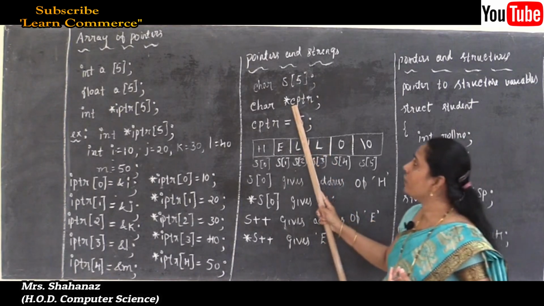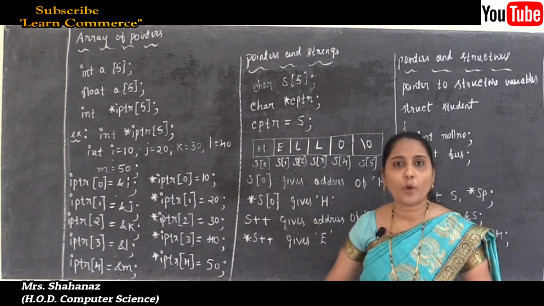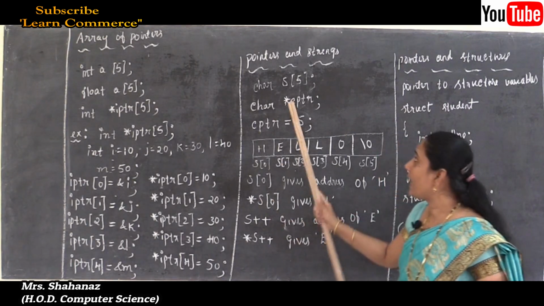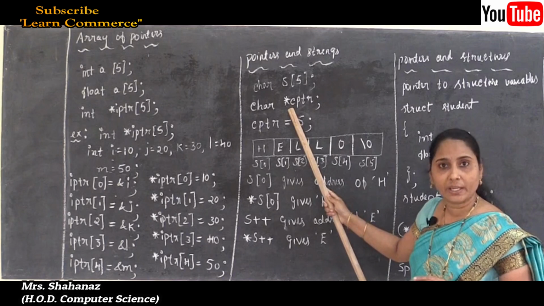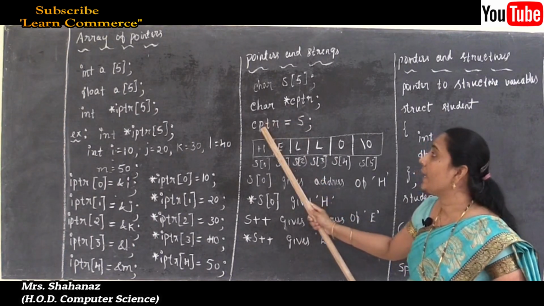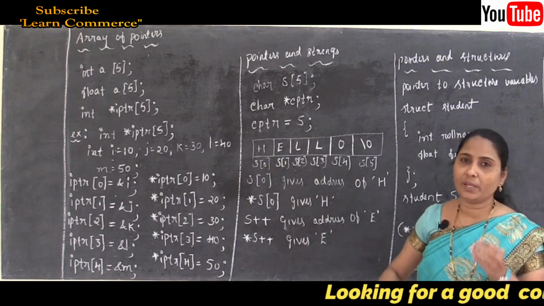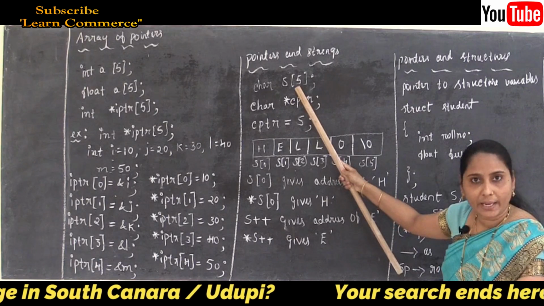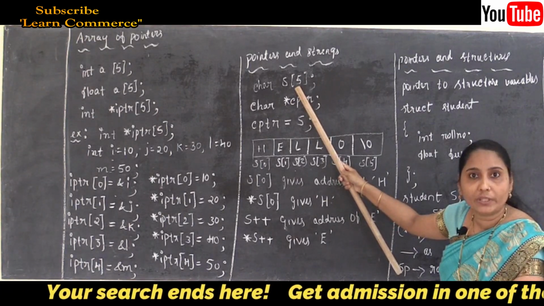Now what about the pointer cptr? The pointer cptr is a character pointer to string. So s is also represented as a character pointer to string. The meaning is very simple. The first line is just an array of characters, a group of characters that we declare.